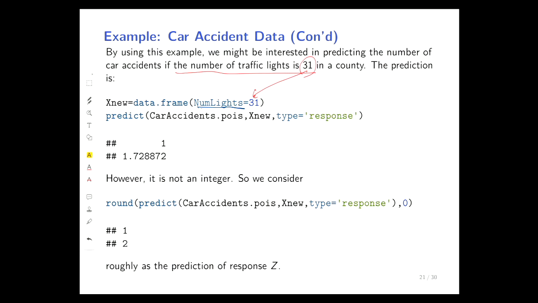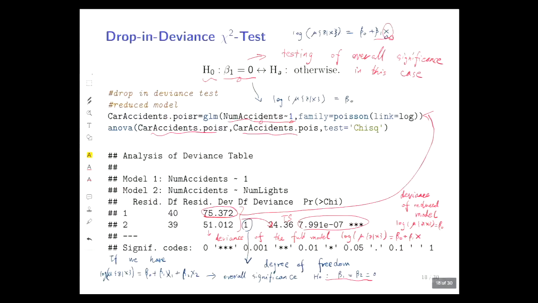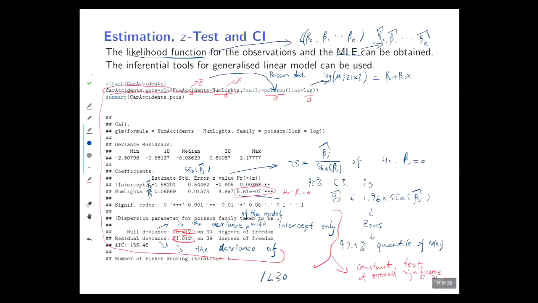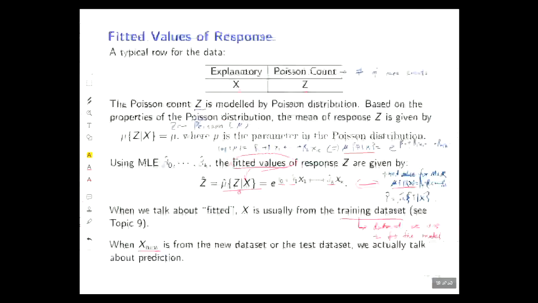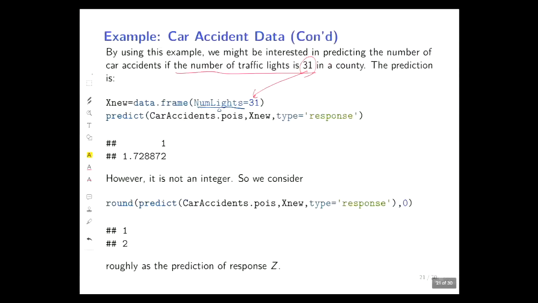You need to make sure that the name here, number of lights, is the same as the name in the summary output, otherwise R will report an error. Then we use this new data frame to predict the number of car accidents in this county. We input the GLM output and this new data set, and we specify type equals response because we want to predict the response.